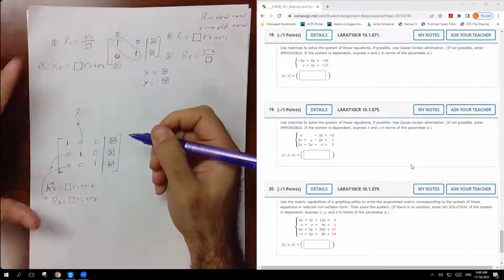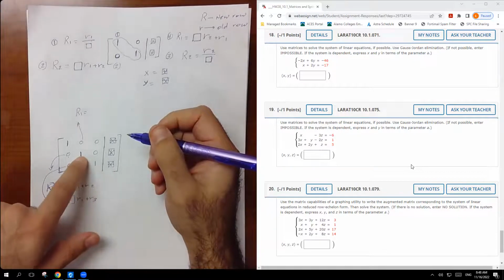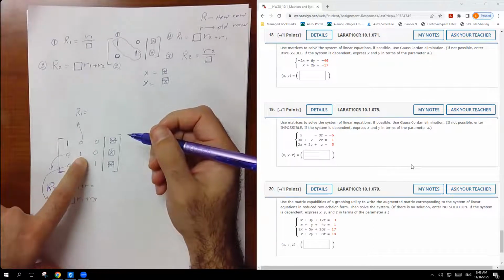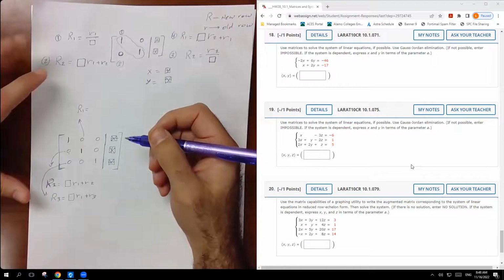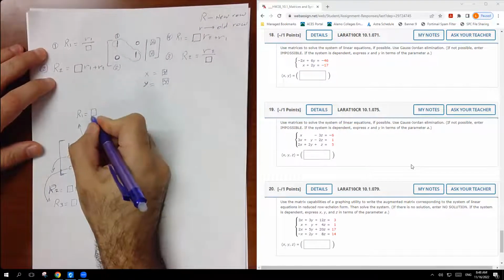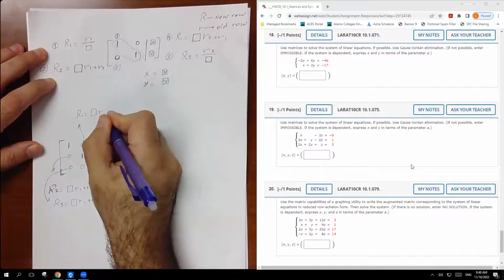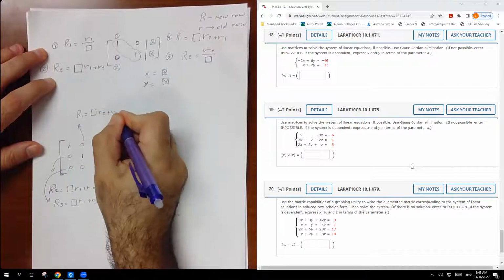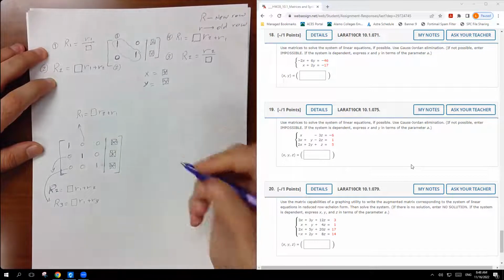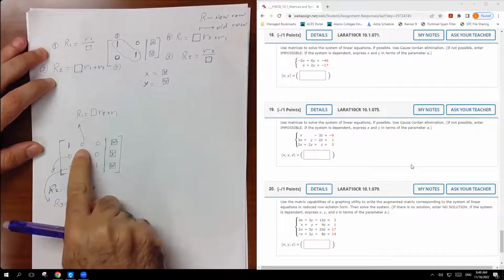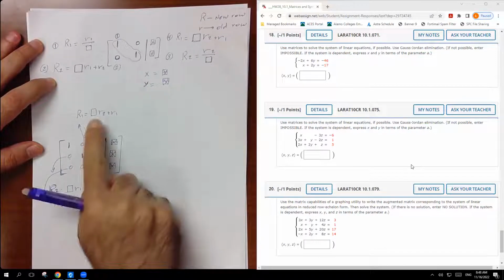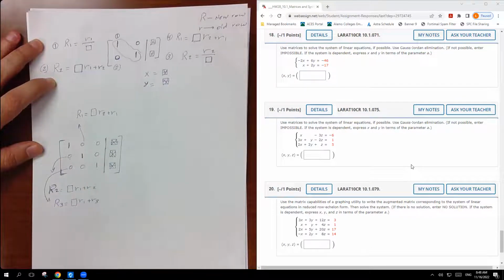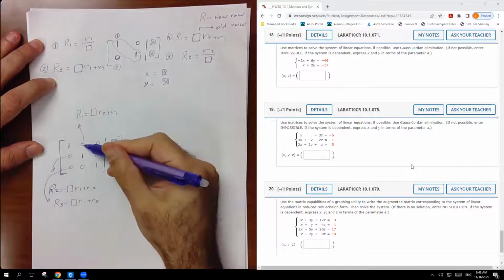In this case, we're going to use this row. Always we're going to use the row with number 1. So we're going to say R2 plus R1. If the number on this location is positive, you're going to put negative. If the number on this location is negative, you're going to put positive. So that's the rule to get this number equal to 0.